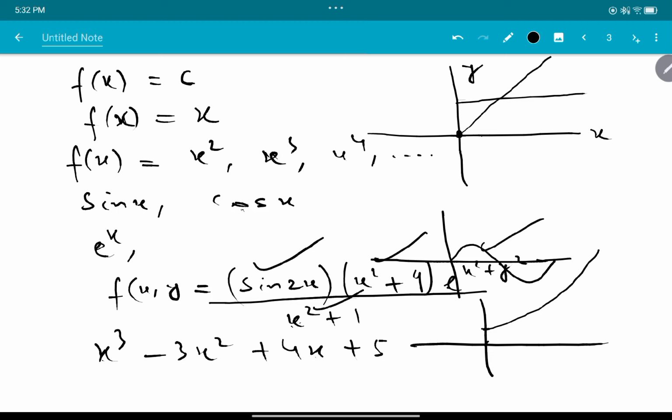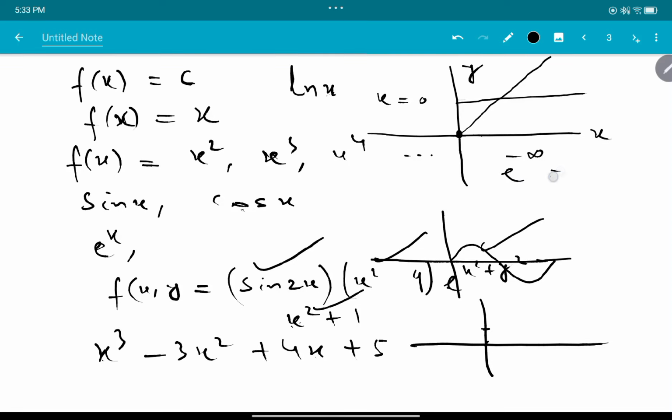And then one last thing: for example, if you have log x, if x is a real number, then this log x is not defined for x equal to 0, nor is it defined for x less than 0. You can see for yourself that e raised to minus infinity is equal to 0.